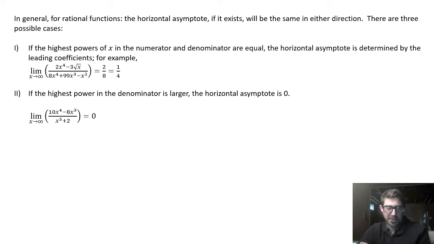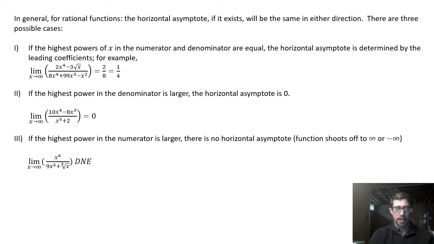But it would all still just be 0 over 1, which is 0. So just think about that: no matter what's up top, the denominator wins this race. Because 1,000 to the 5th is way bigger than 1,000 to the 4th, and when you get into even bigger numbers, the denominator is going to win, which just means the whole thing goes to 0. So you can just say that. Denominator has higher degree. Horizontal asymptote is 0.